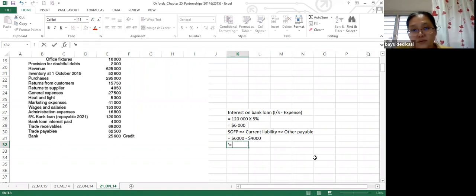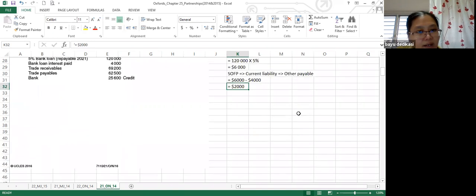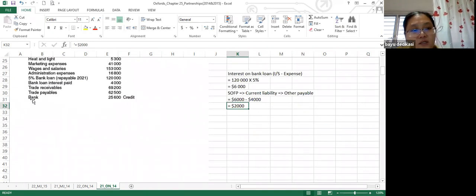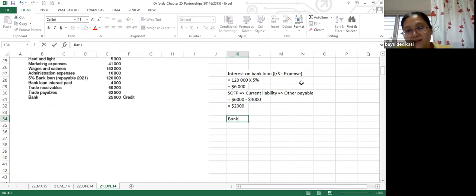So this amount you have to recognize as other payable, current liability, 2,000. So the rest, basically, be careful. This bank is on the credit side. So when bank is credit, it means that this is a current liability. So far, okay?